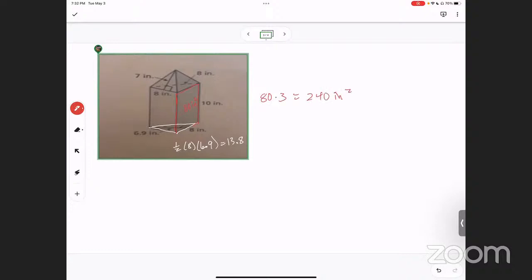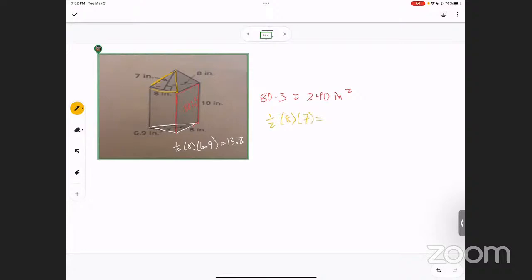And then we just have to find the area of those top triangular pieces, which again, aren't those all going to be the same? Yeah. So whatever that is, we're gonna multiply it by 3. And how do I find the area of that? Half base times height again. Good. So 1/2 base is 8 and height is what? 7.